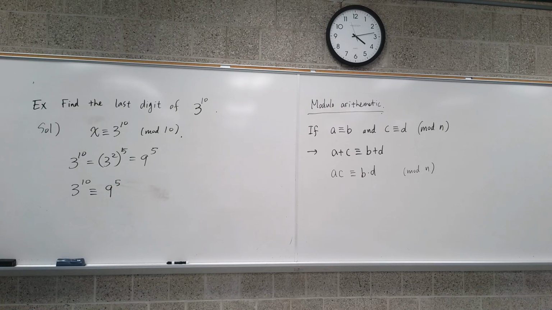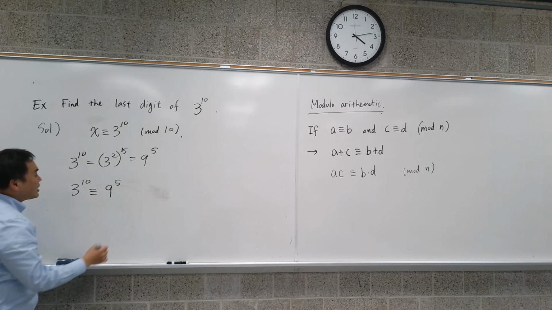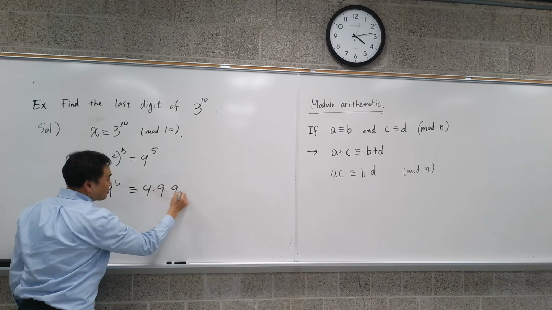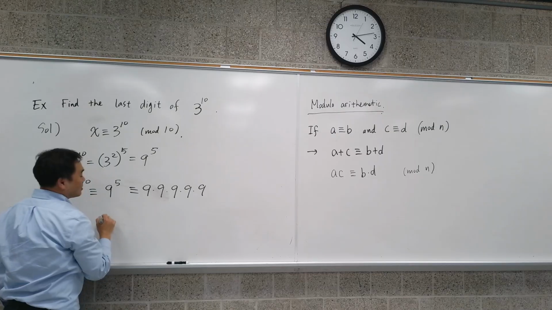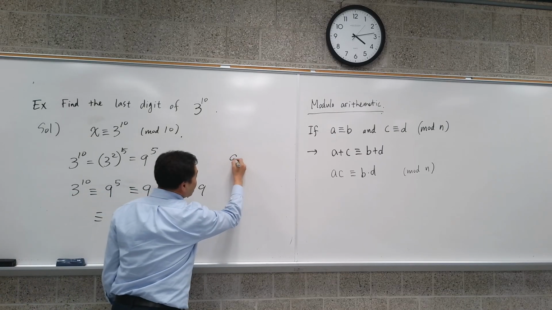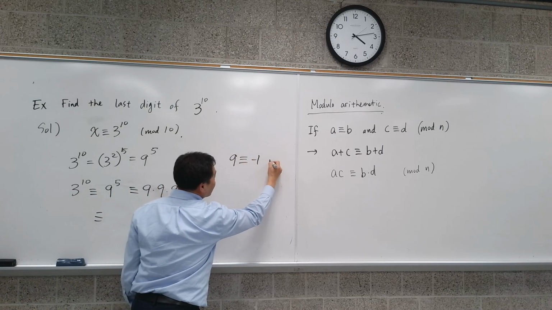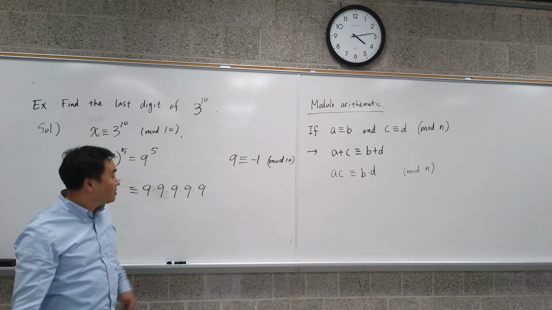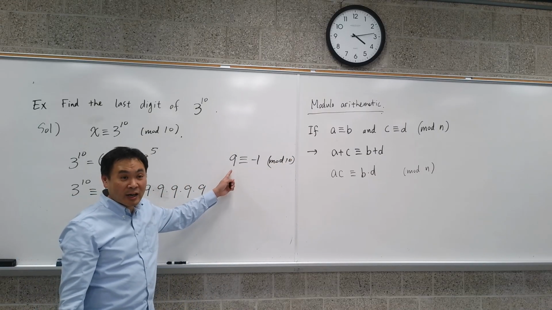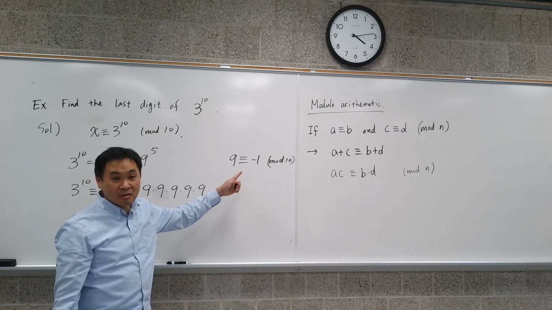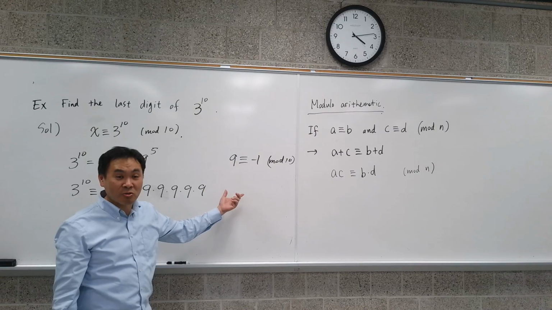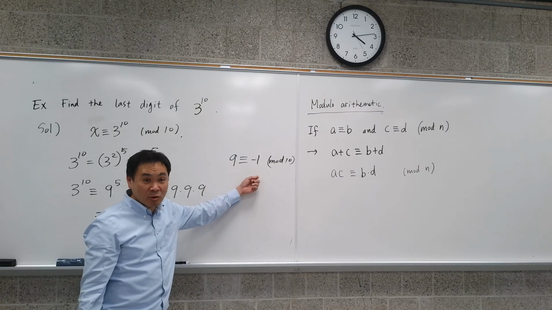But then 9 is congruent to negative 1 mod 10. Do you agree? Subtract the two, what do you get? 9 minus negative 1 is 10. Is 10 divisible by 10? Of course it is, right? So 9 and negative 1 are congruent.